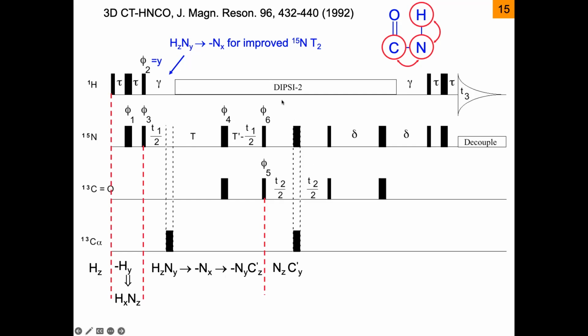And then you do the same thing as before. You apply 90-degree pulses. I can ask now, this is minus Ny magnetization. We want to bring the nitrogen Y to the Z axis. So what do we need? Yeah, an X pulse or minus X pulse would bring it to Z. And then here, it doesn't really matter the phase. You could use an X pulse.